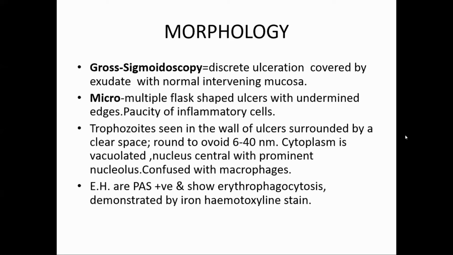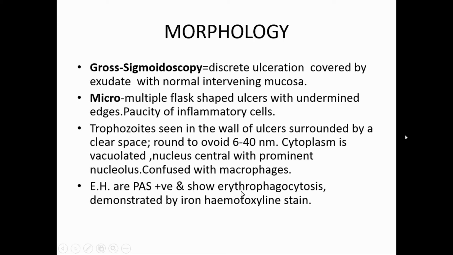And what are the stains? Periodic acid Schiff reagent stain as well as iron hematoxylin stain. In iron hematoxylin, they will be stained black. In PAS, they will be stained pink. And they will show erythrophagocytosis.